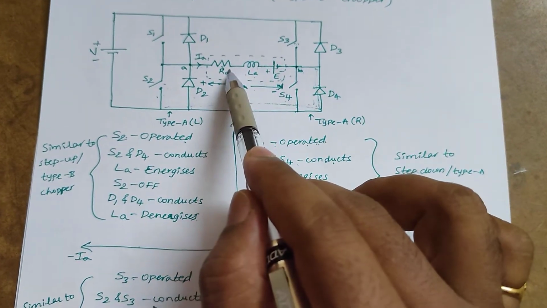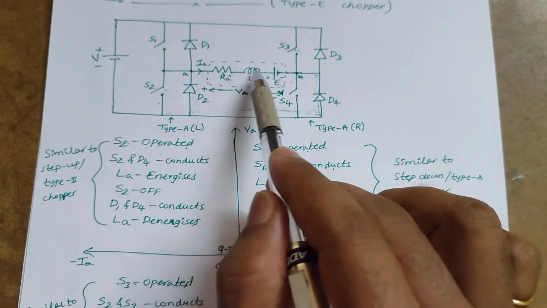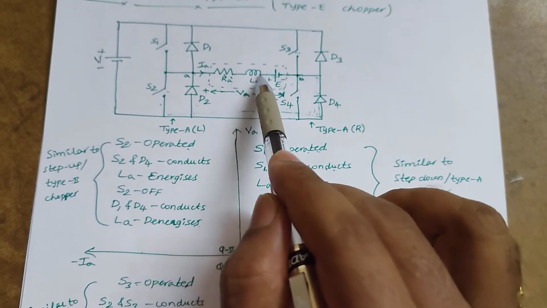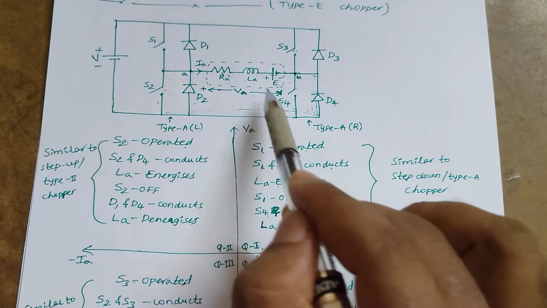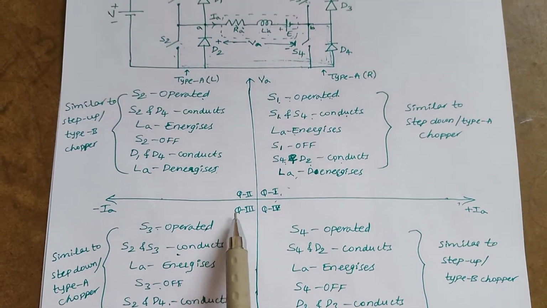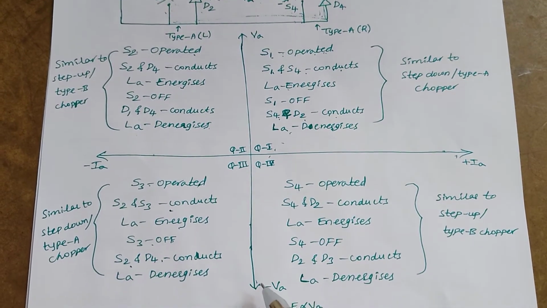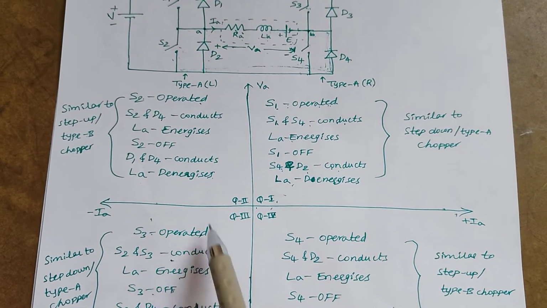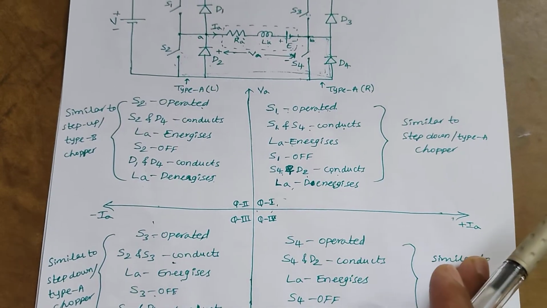With that, the armature voltage is equal to 0 because of the short circuit across the armature, making VA equal to 0. VA can be negative or 0 with negative current. That's why it is in the reverse motoring mode.